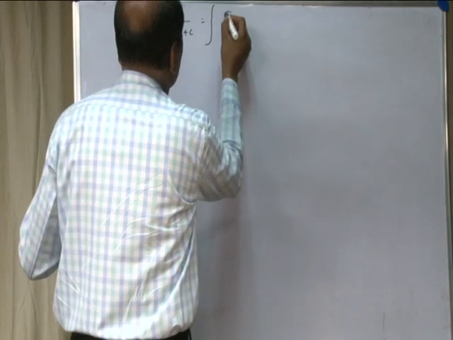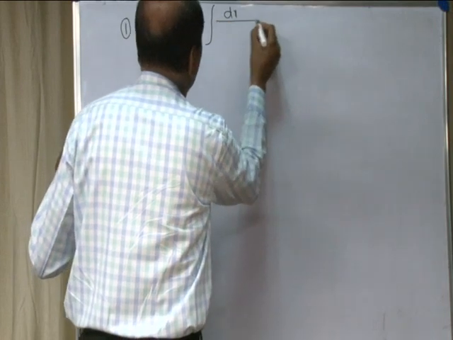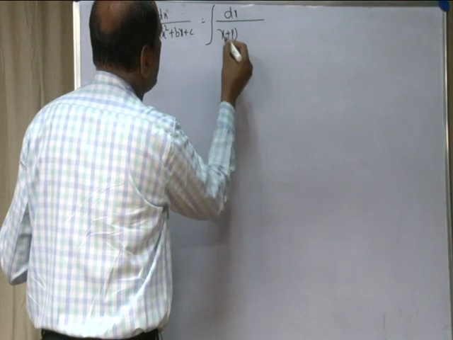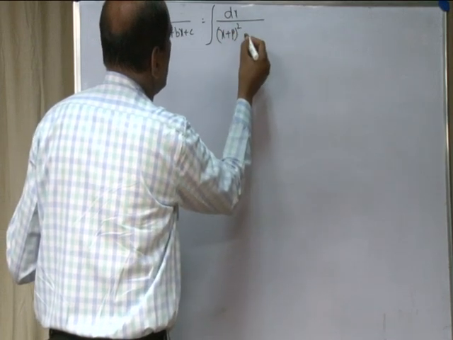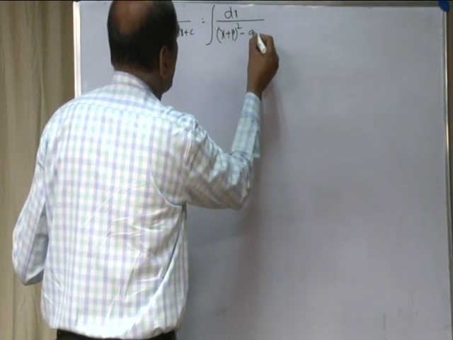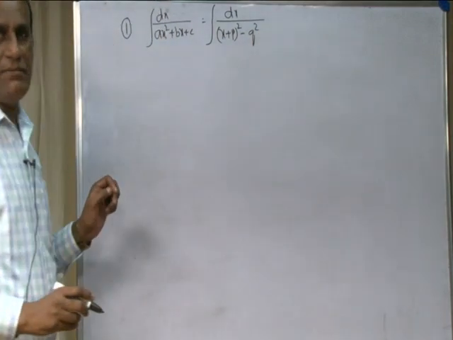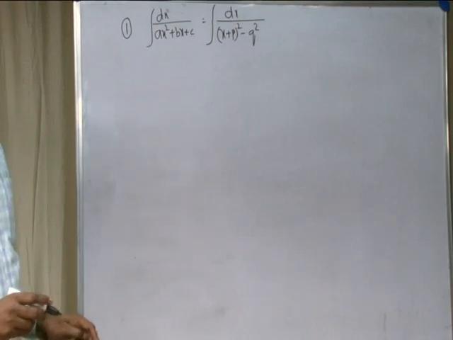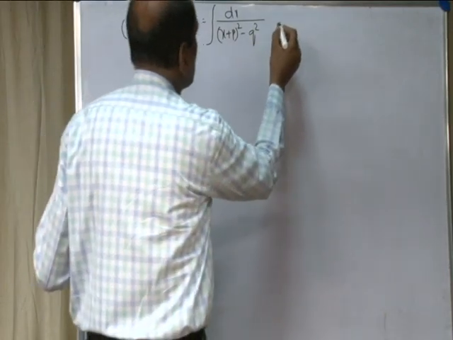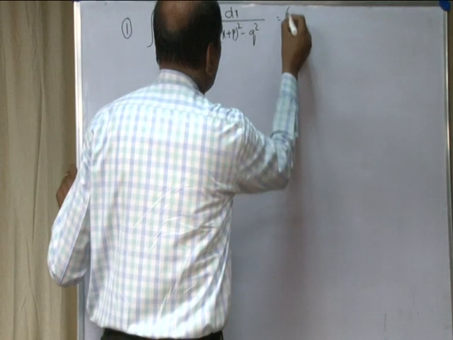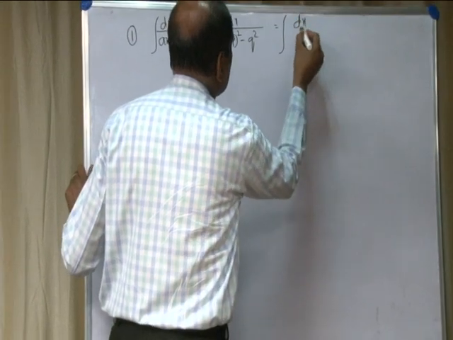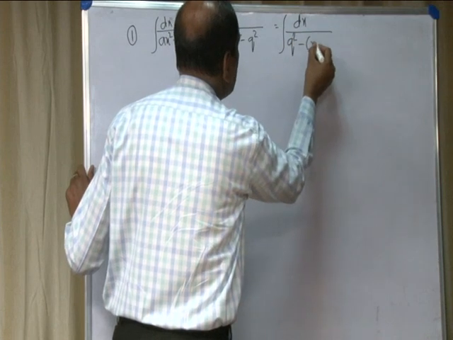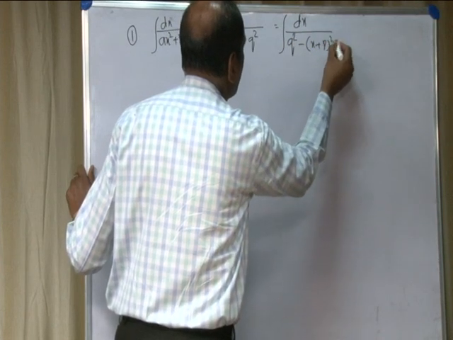See here, this can be written as dx divided by x plus p whole square minus q square. So the denominator can be expressed as x plus p whole square minus q square, or we can also write another form, that is dx divided by q square minus x plus p whole square.